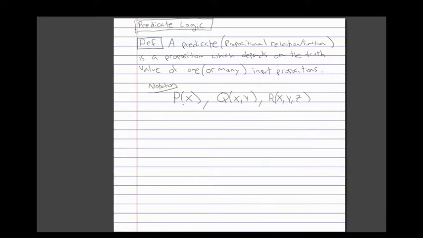And let's say, for instance, I have a predicate P, which is a propositional function of X, so one thing, and a predicate Q, which is a propositional function of two things.